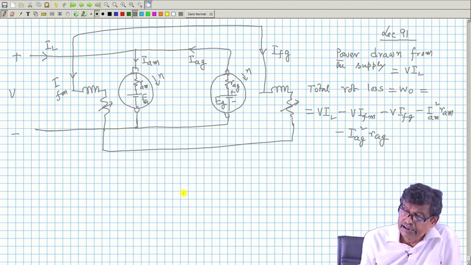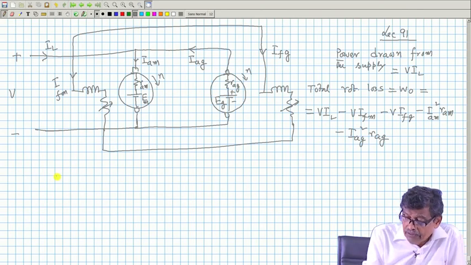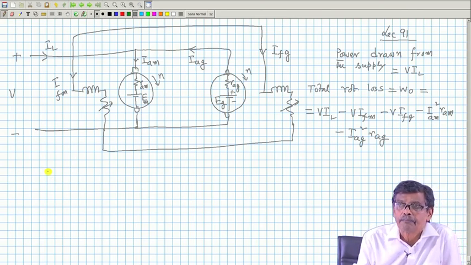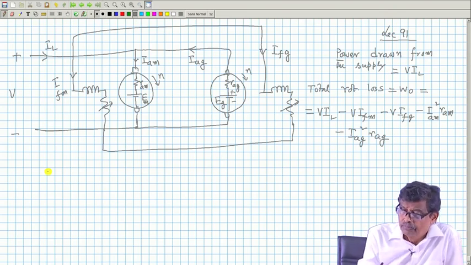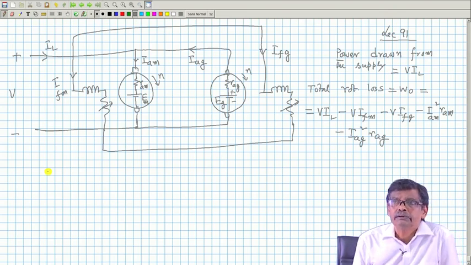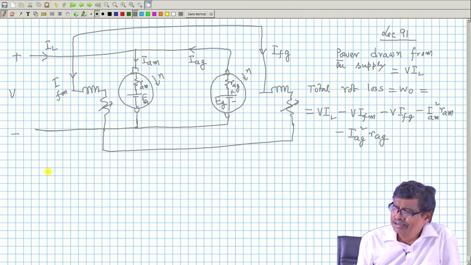Therefore, I can now calculate the efficiency of this machine and that machine. See, I told you these two machines are similar or identical. In that case, RAG and RAM will be equal, but I have taken a most general case, even if it is a little different, let it be like that.